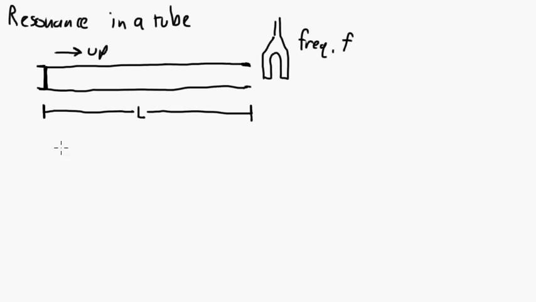The way to think about sound for this lab is that sound is a displacement of air molecules. If there's no sound in the tube, it just has air molecules scattered all throughout.